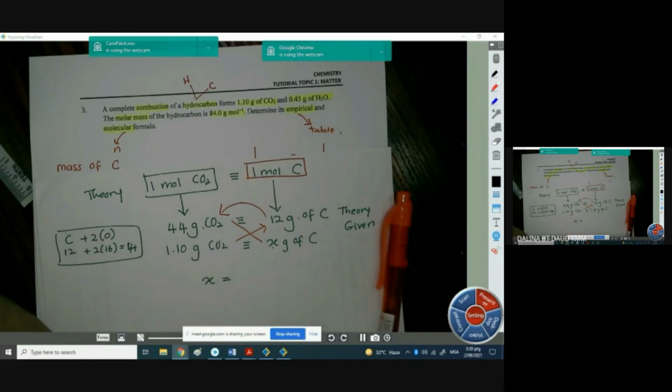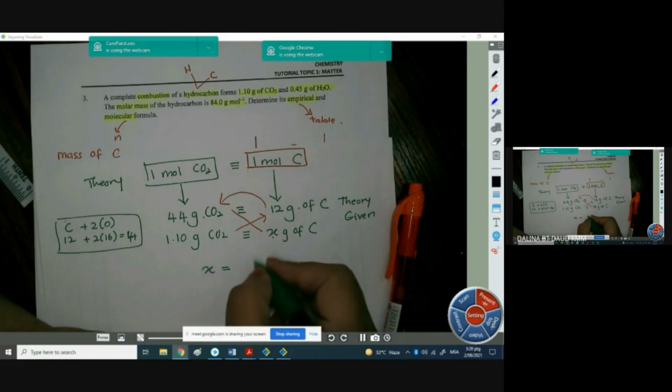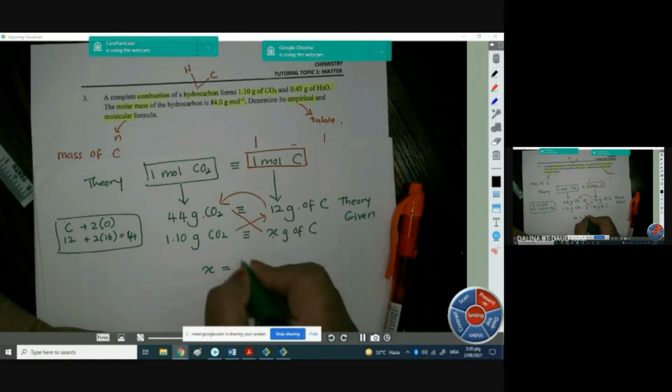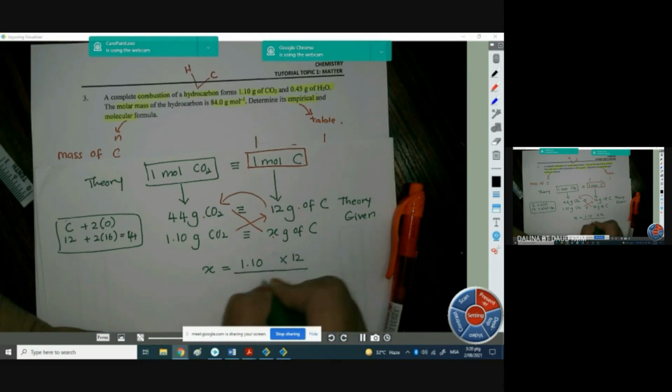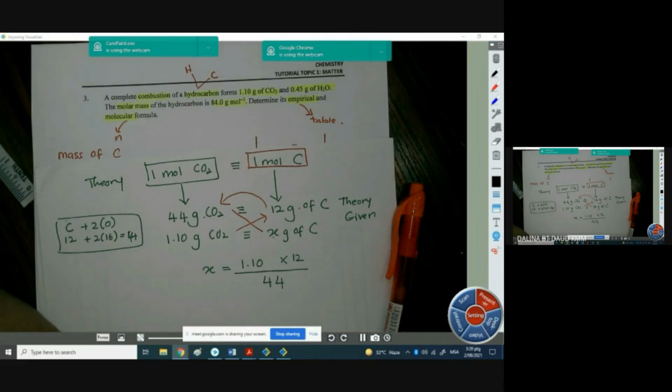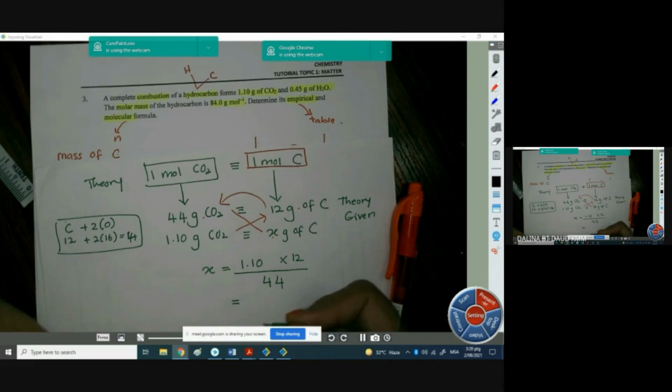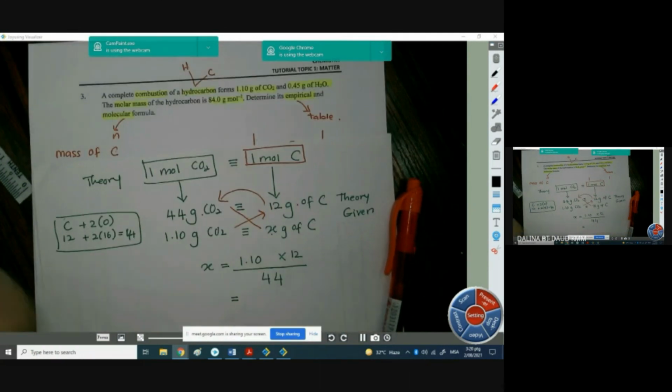Okay, so saya terus yang ini. X sama dengan 1.1 times 12 divide 44. So X equal to berapa?